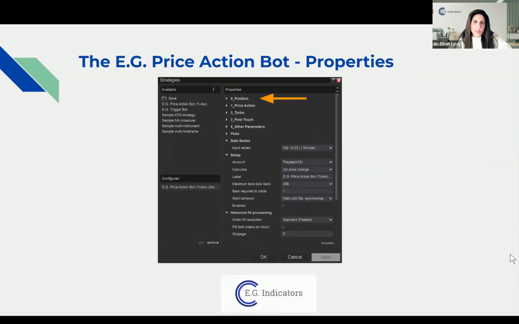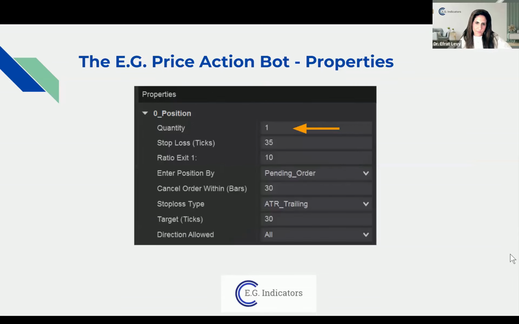And regarding the position section, you need to mention the number of contracts to trade with. Stop loss per instrument, I use the default. Risk reward ratio, I also use the default. Entering position by, whether by a pending order or by a market order.